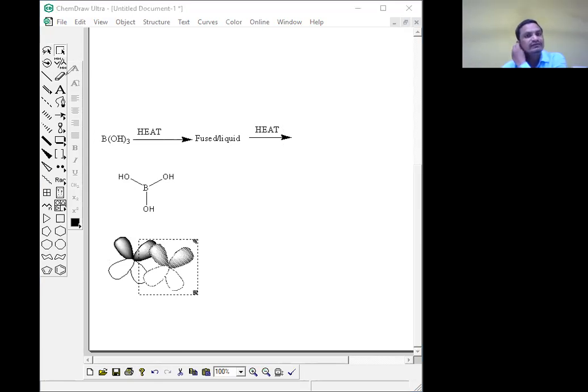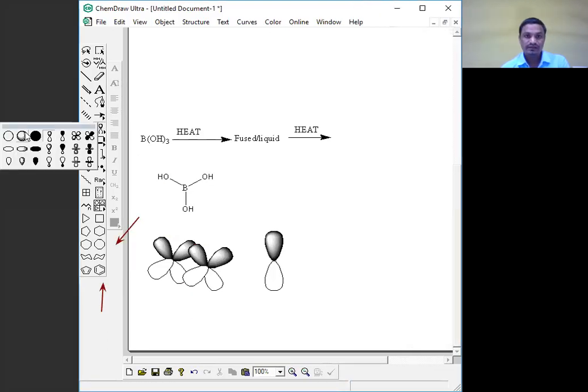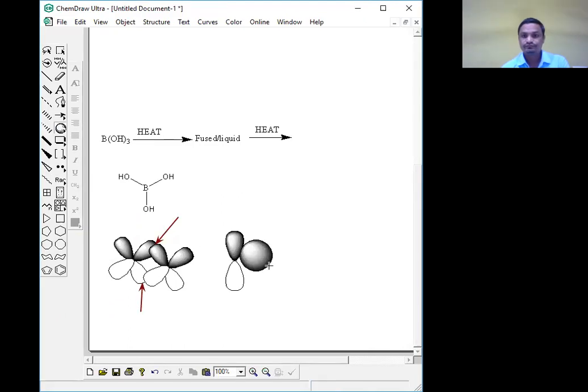Now here this type of overlapping is axial overlapping, and axial overlapping forms a sigma covalent bond, and therefore the first option is not able to form a pi bond. In the second option, there is one p orbital and one s orbital.